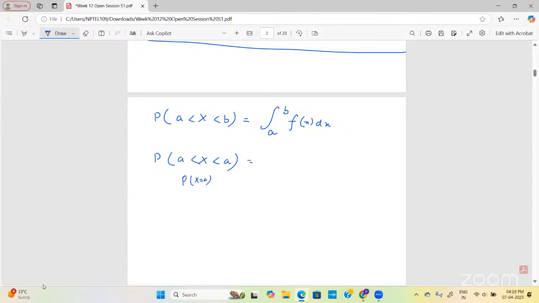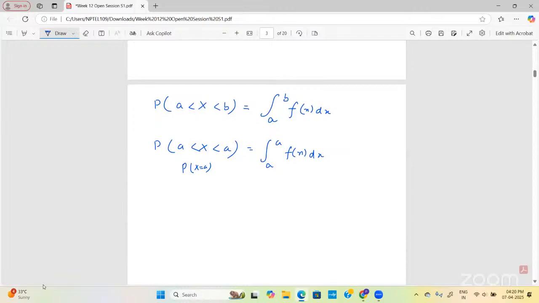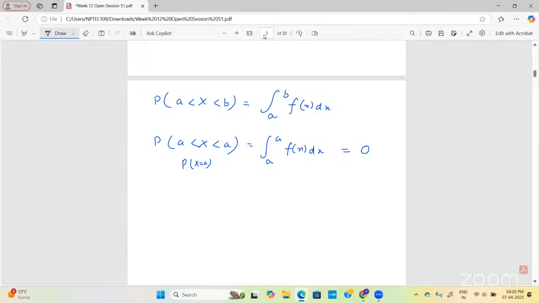Using this formula, it will be the integral from A to A of f(x) dx, which will be equal to 0. Yes or no? Because when you integrate this function, you put the same value: F(a) minus F(a). Both values will be the same and cancel out. It will become 0 ultimately.